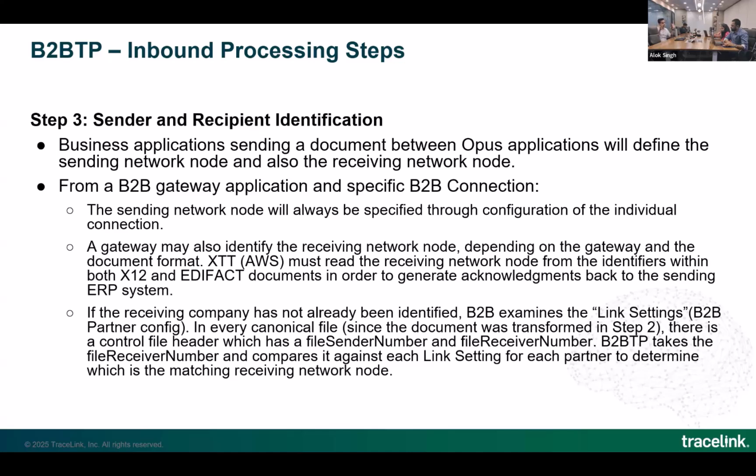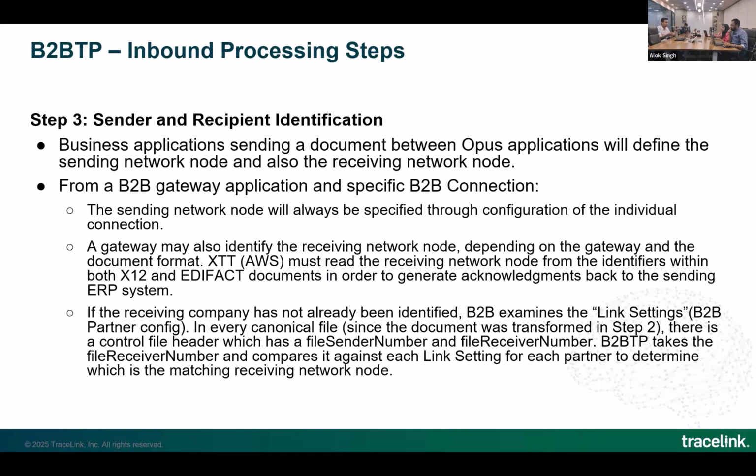So you remember it was associated at company level, right? That was the network node ID of the company associated to this B2B connection. So any document that is sent inbound, B2B knows the sender is this network node ID or this level. So it knows the sender because you have already done connection association for inbound.